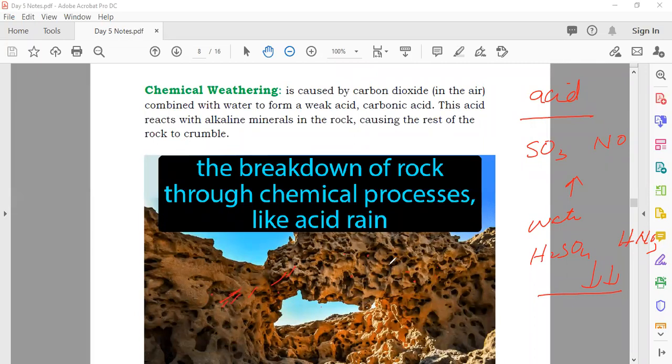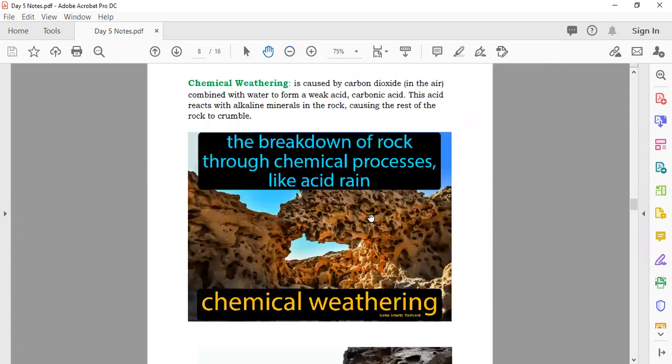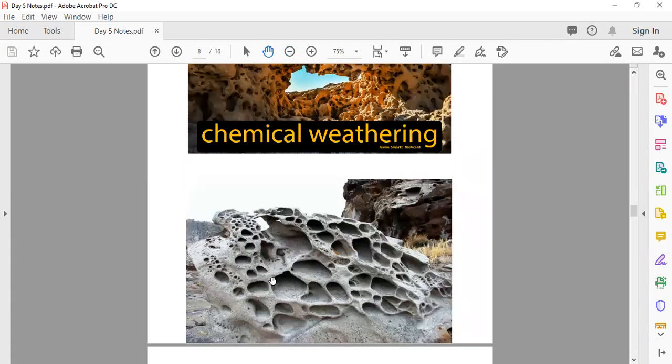So this is a type of chemical weathering. When you find this type of breakdown of a rock, you will say this is chemical weathering.